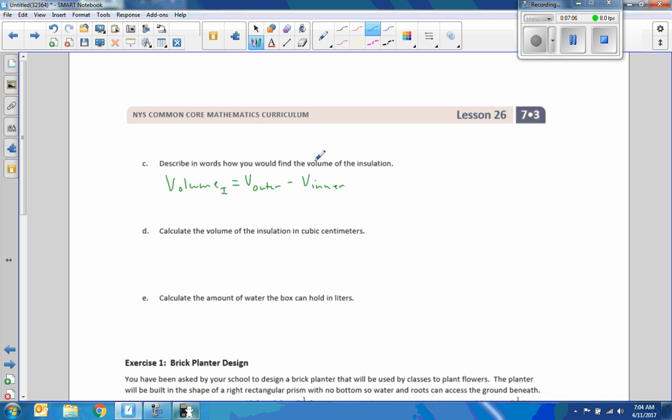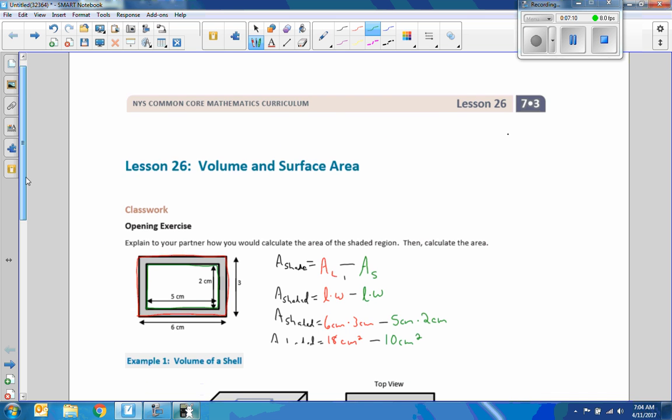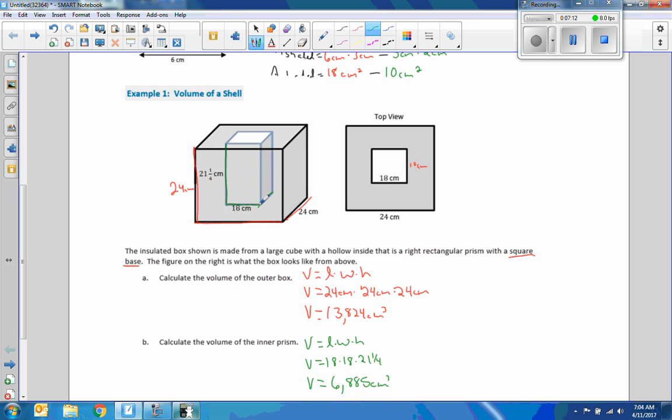So I'm not really liking this problem very much because the insulation would be around here. I don't know if you would put insulation in the middle of something and not all the way around the outside. That makes no sense. So I think what they're trying to say is find the volume of the area inside. The insulation is this gray area. No, I guess that is right. The volume of the gray area is the insulation.